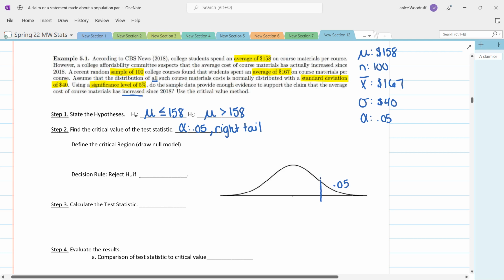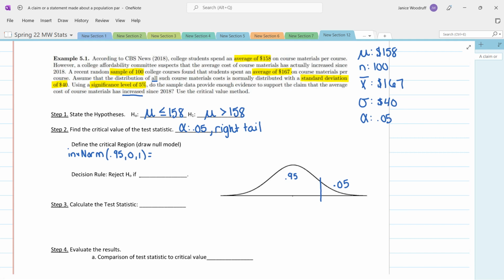When we did the significance levels in 9.1, we had a left-tailed test, but here, since this is 0.05, this is going to be 0.95. So we would go inverse norm, because it's a z-value, and then 0.95, 0, and 1. And that would be our critical value.